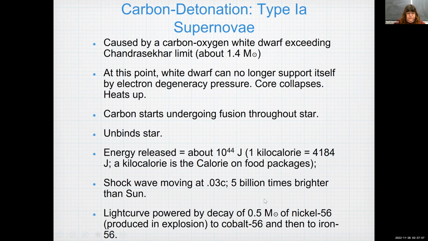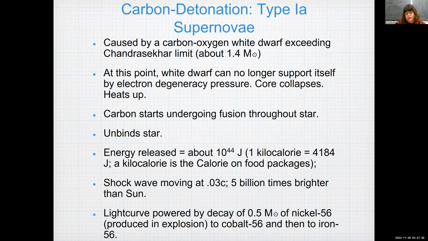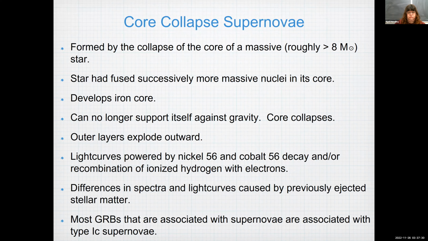Anyway, nickel 56 is radioactive. It decays to cobalt 56, which is also radioactive, and it decays to iron 56. And the light from the supernova basically comes from that radioactive decay. Like I said, that applies to both carbon detonation and the core collapse supernovae.